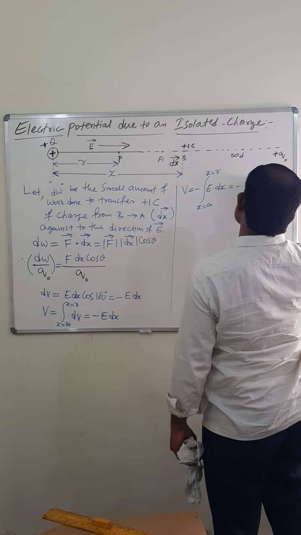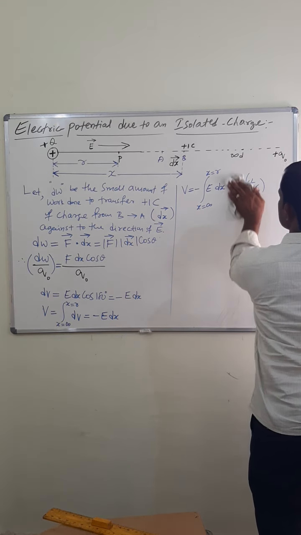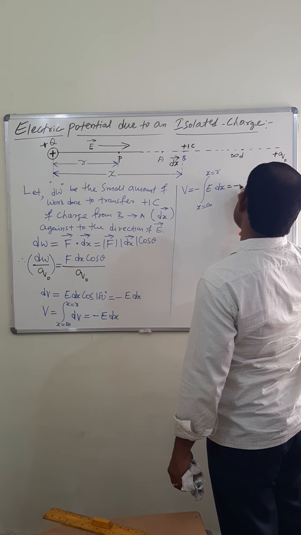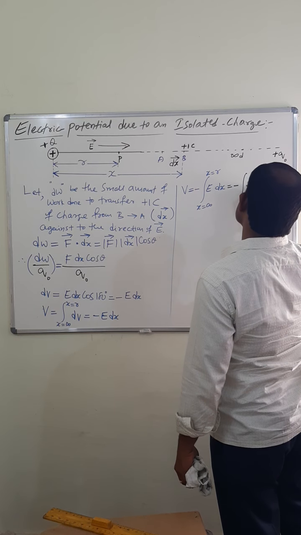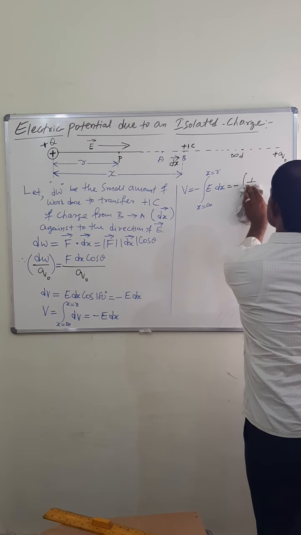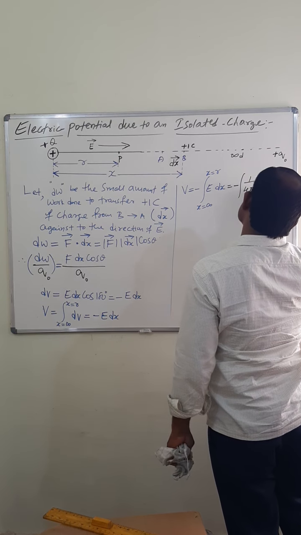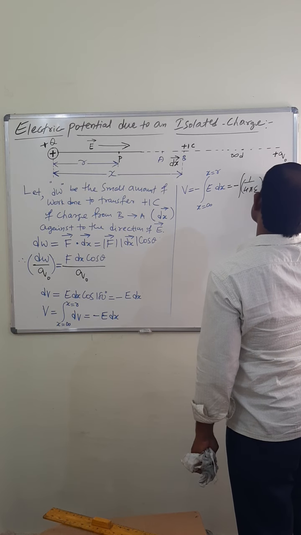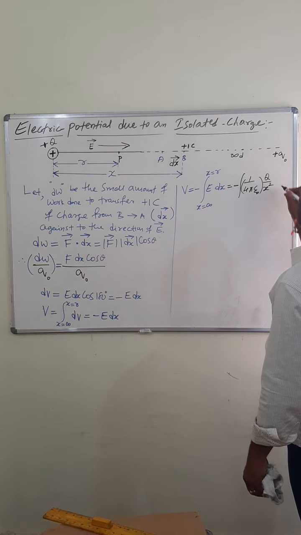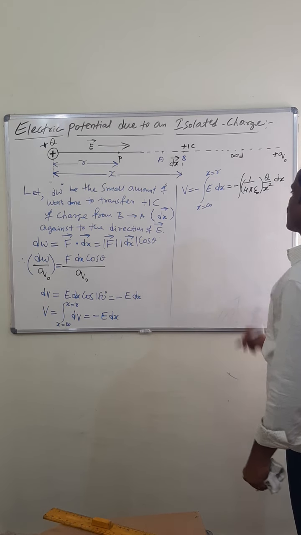Limits remain the same, and E is 1 by 4 pi epsilon naught into q by x square, into dx.